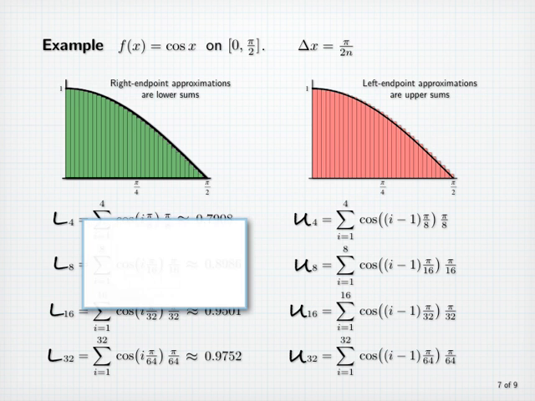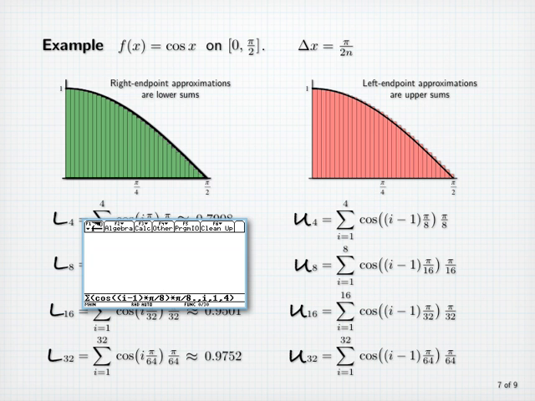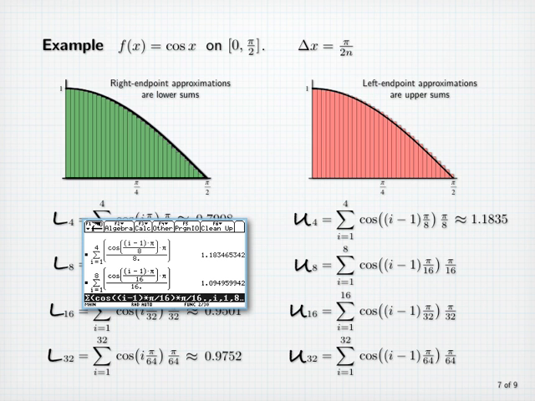Let's go to the calculator and compute these numbers. The first one is 1.1835. U sub 8 is 1.0950. U16, 1.0483.